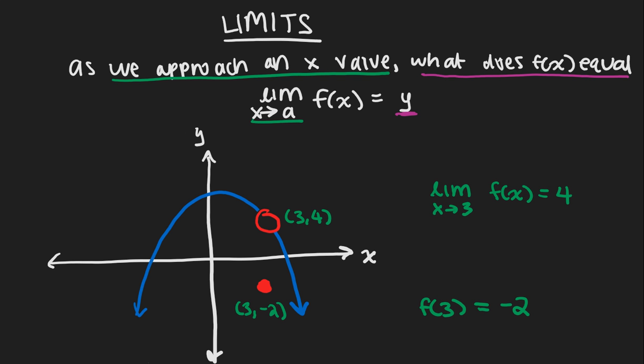The reason is because if we draw our two lines on either side of the point, as these become closer and closer together, the value as x approaches 3 approaches 4. It's not equal to 4, but as these become infinitely closer to this hole, it seems like the value of f of 3 will equal 4. This is why this point does not even need to be defined, because it's just what the graph approaches as we get closer to a point, not what the value is at that point.